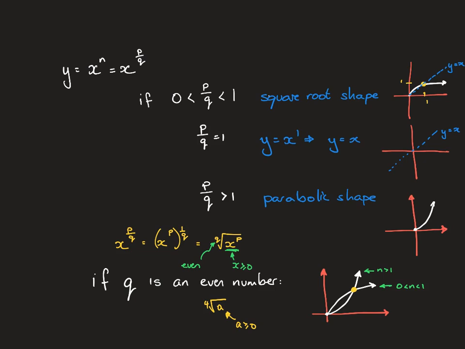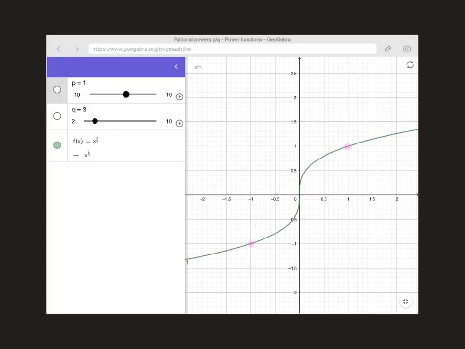So what if q's not even? What if q's odd? Let's have a look. This is the graph of x to the power of a third, and I'm going to increase the numerator, so it goes from 1/3 to 2/3 to 3/3, which is 1. Let's watch what happens.